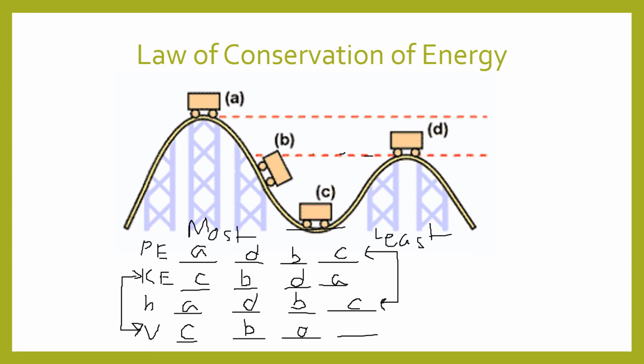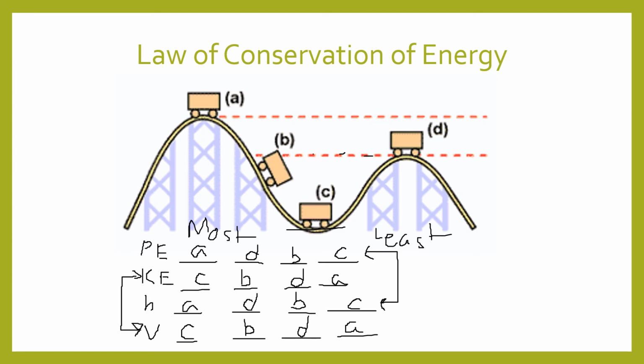It is so important that you understand this concept of how the energies relate to each other. I cannot stress this enough. As an object falls, it loses potential energy and gains kinetic energy. As an object falls, it loses height and gains velocity. I just said 2 sentences that essentially mean the same thing.